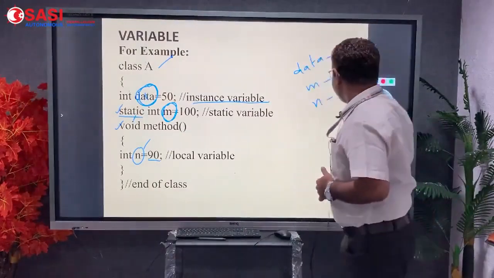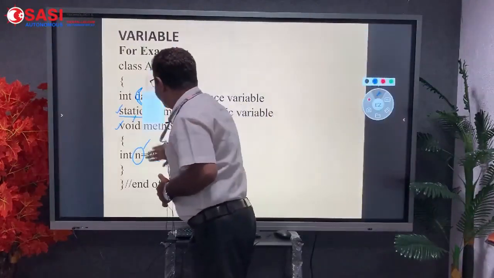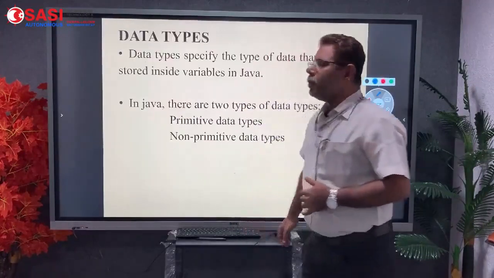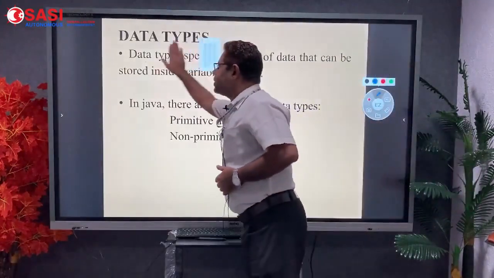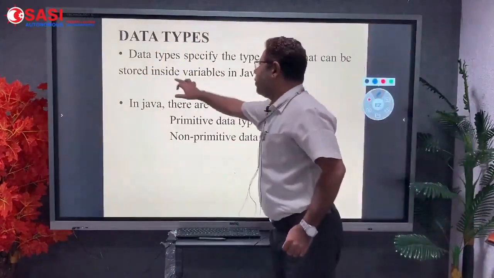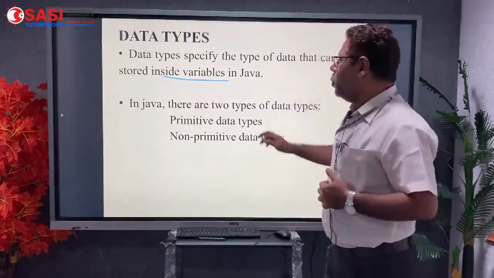Now we can see what the data types are. What are the data types we have in Java? What is a data type? A data type specifies the type of data stored inside a variable. What type of data do we want to move into the variable?